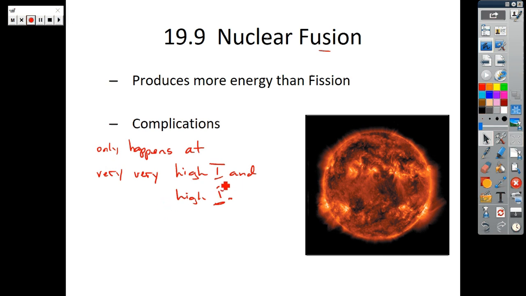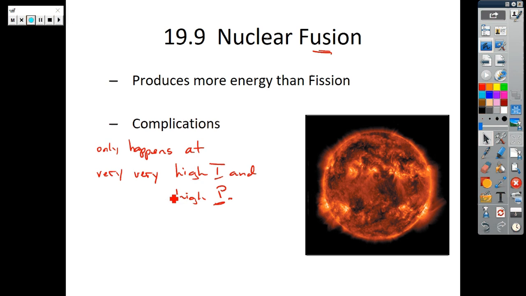To get a fusion reaction started requires so much energy that just the temperature is so ridiculous. Also, because of this super high temperature and super high pressure, if you tried to build a reactor to house this nuclear fusion reaction, there's not a whole lot of materials that you could build that thing out of that would be able to withstand those temperatures and those pressures.